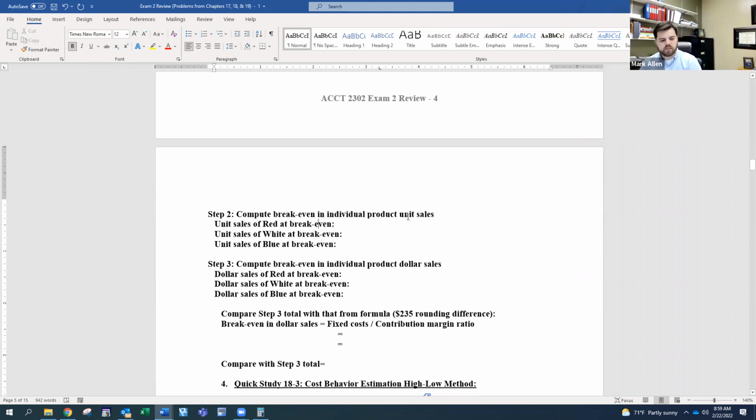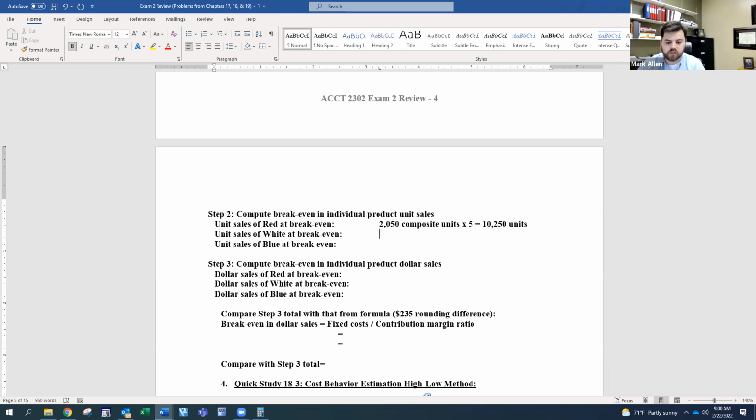So at this point, all we have to do is figure out our unit sales of red at break even. In this case, we have 2,050 composite units times, and of course, for each composite unit, that sells 5 pieces of red. So it's going to be 10,250 units.